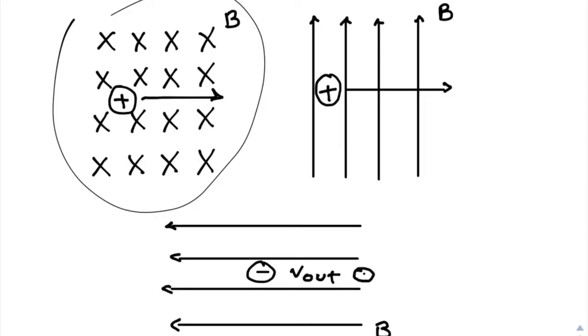Whereas on this second problem, the magnetic field is moving upward, and the charged particle is positively charged and moving to the right as well. And then lastly, the charged particle is negatively charged. That's important to know because then that will tell you which direction the force will be going. And then your magnetic field is moving to the left.